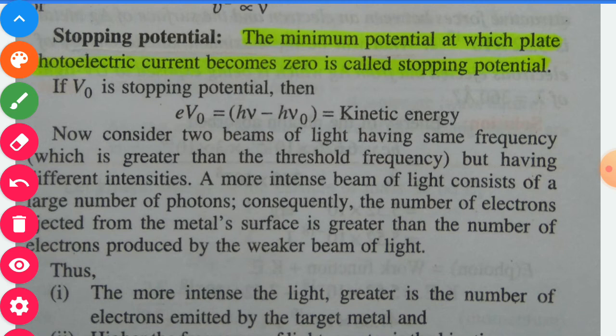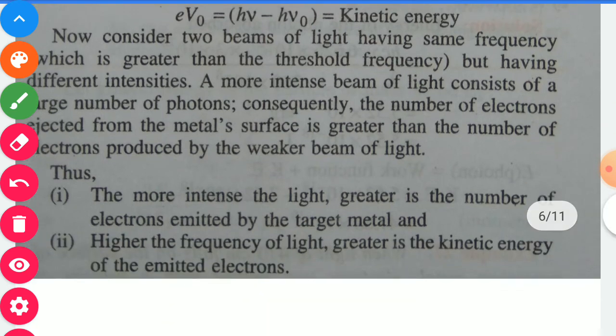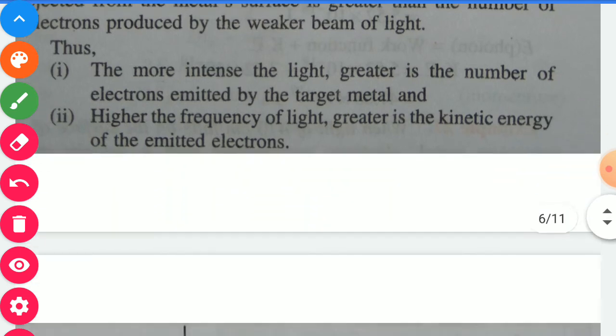If a more intense beam of light is used, the number of ejected electrons is also found to be more. Therefore, the more intense the light, the greater the number of electrons emitted by the target metal, and the higher the frequency of light, the greater the kinetic energy of the emitted electron.